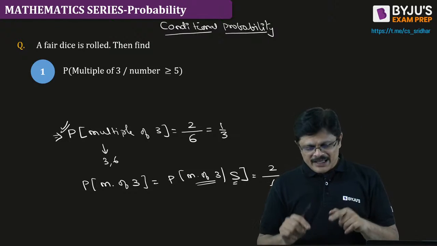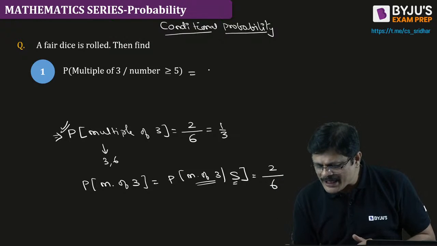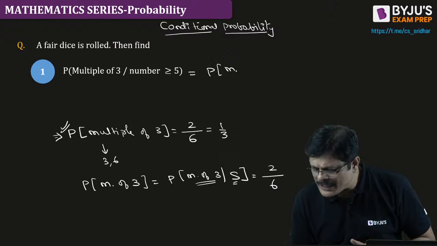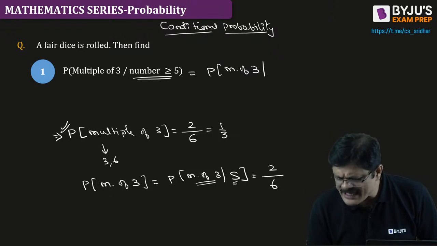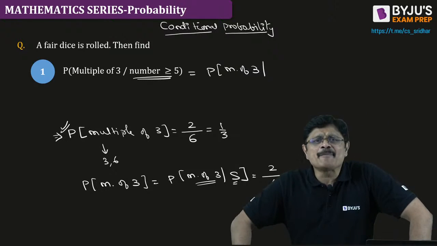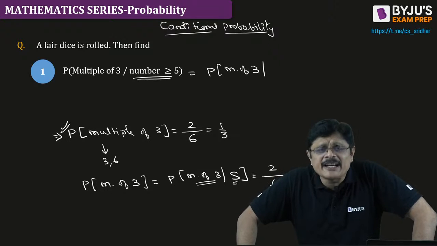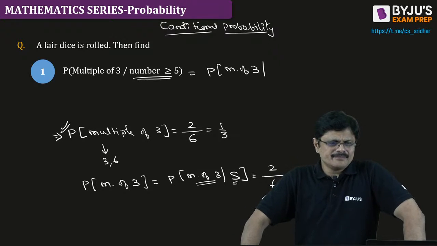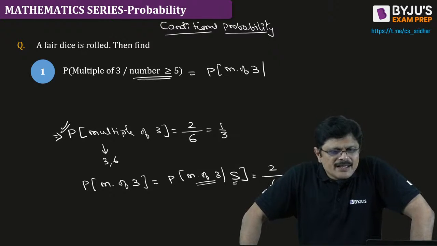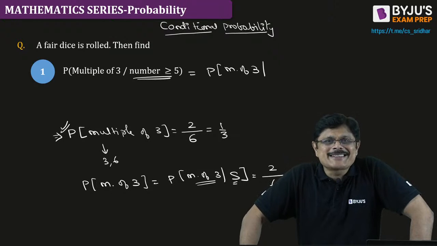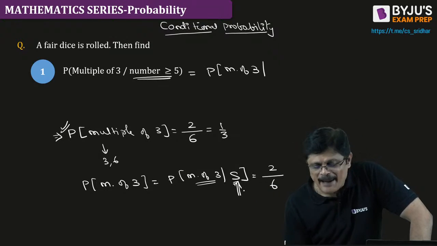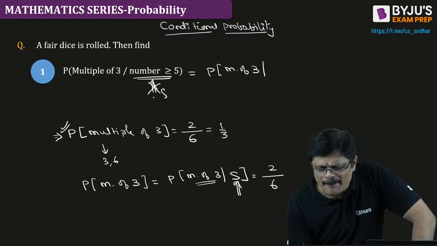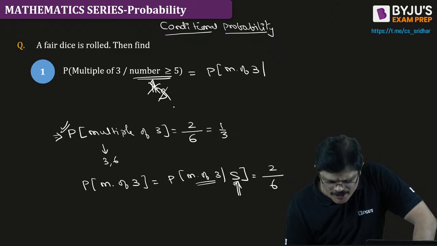But here you are interested in the probability of a multiple of 3. Is it the sample space? Is the number greater than 5 the sample space? No. So what has happened is not the sample space.